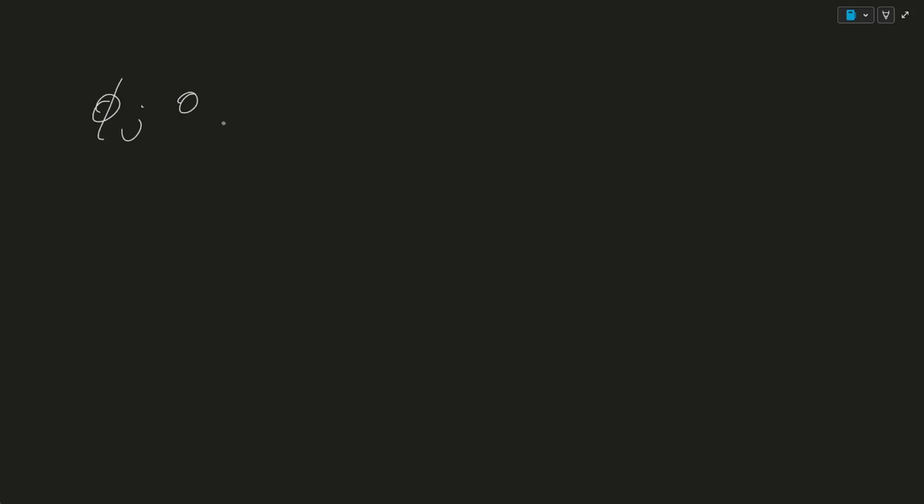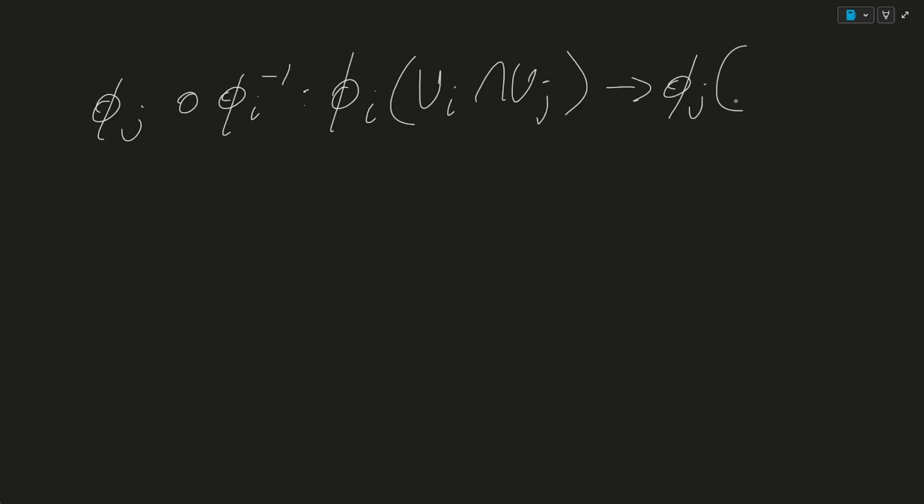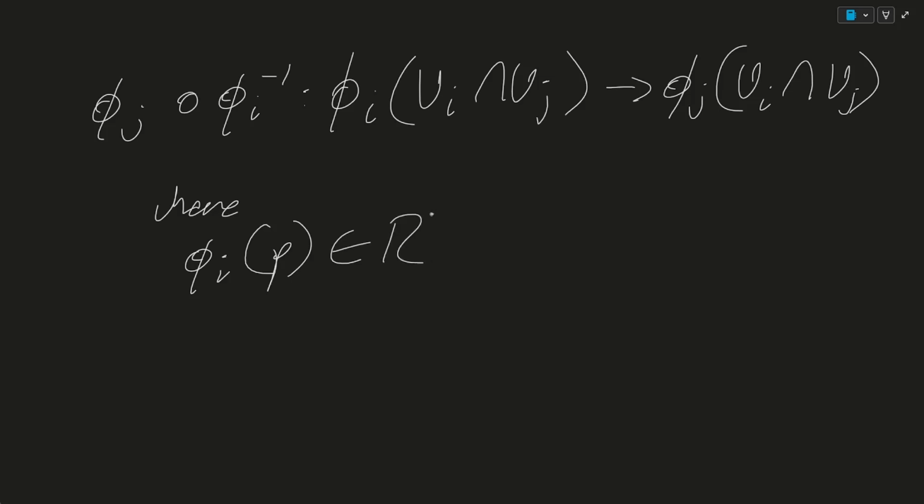Phi j composed with phi i inverse, from phi i of Ui intersect Uj to phi j of Ui intersect Uj, that being our p, where these are both in Rn, or Euclidean geometry.